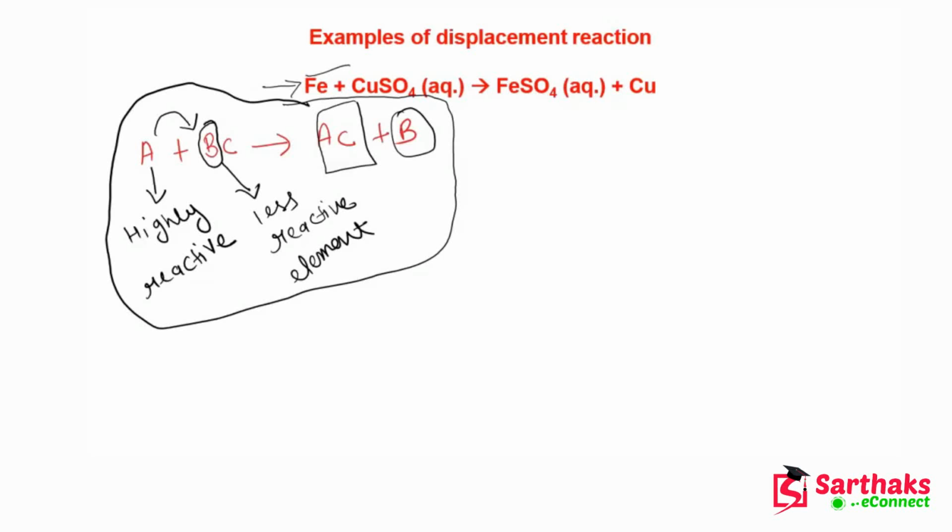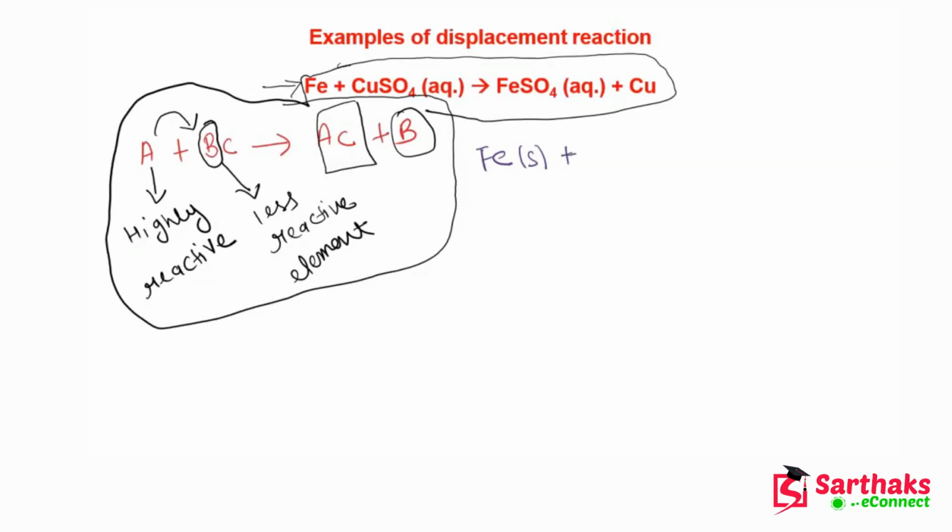So the example is written in front of you on this slide. What is happening in this example? Let me write it a little bit more clear to you. So guys, this is Fe, and Fe is iron and it is in solid form.